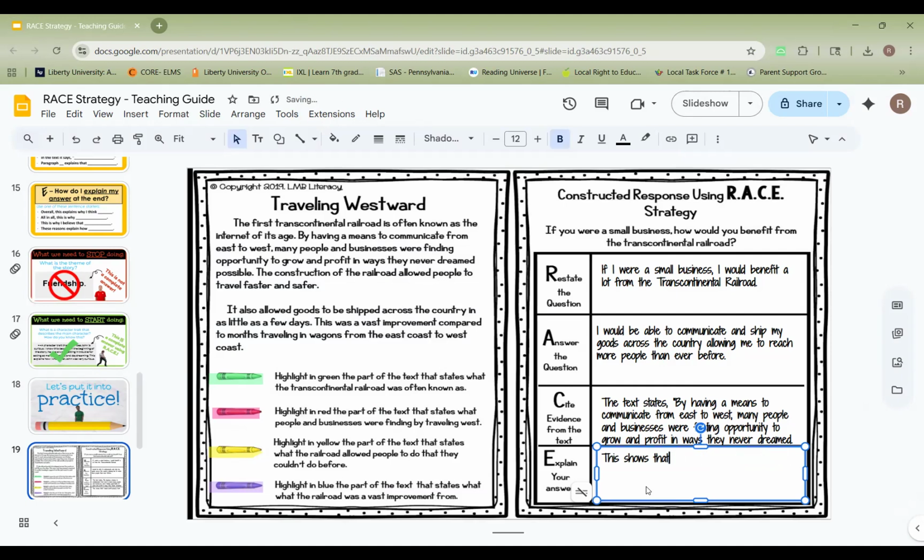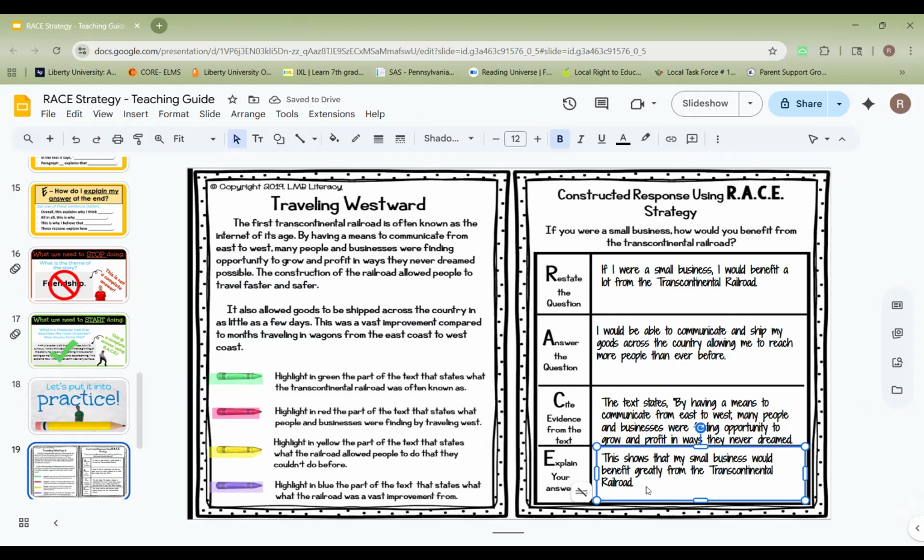This shows that my small business would benefit greatly from the Transcontinental Railroad. There we go.